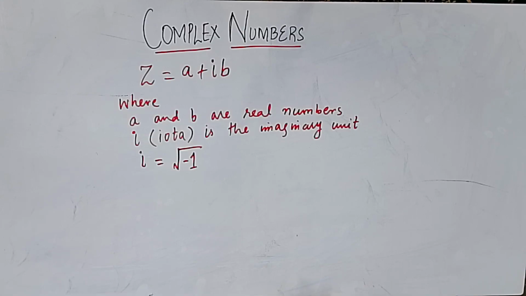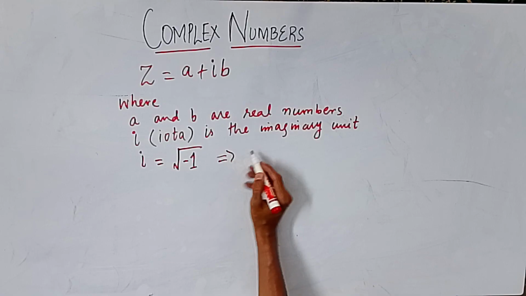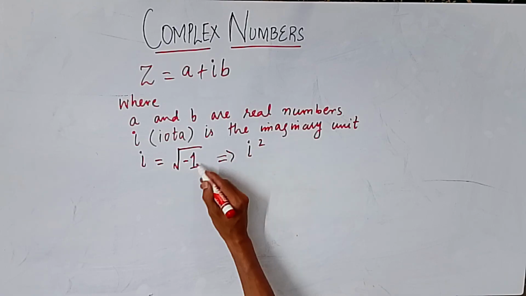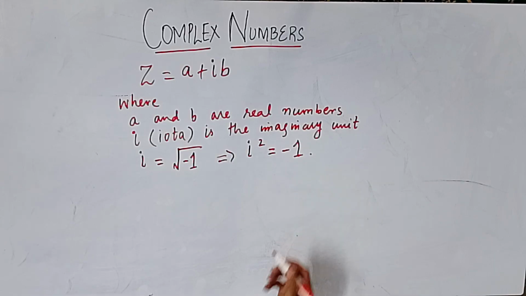What will happen if the square root is having a negative number? So we will represent it with an imaginary unit which is called iota, and due to this we have iota square. So when we do the square of it, we will get minus 1. So this is the basic representation and things related to the complex number.